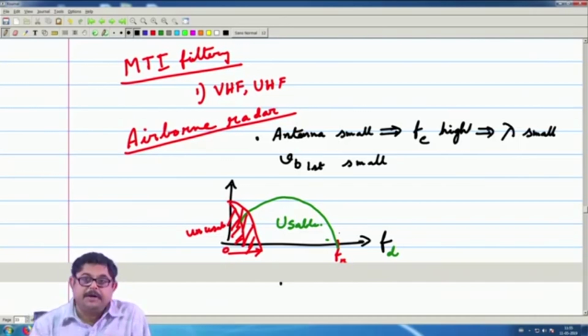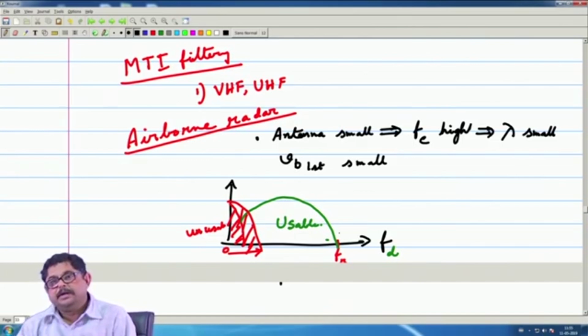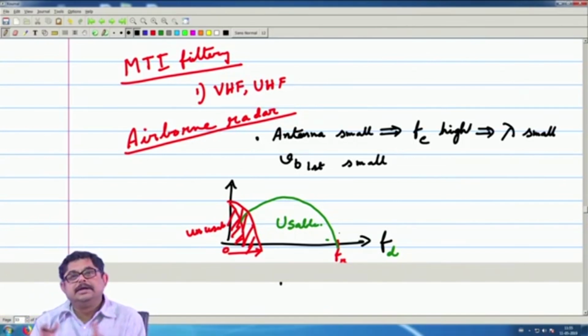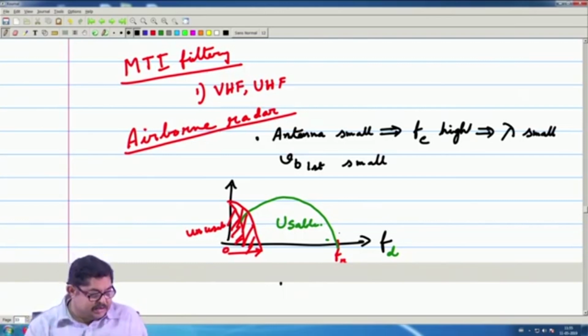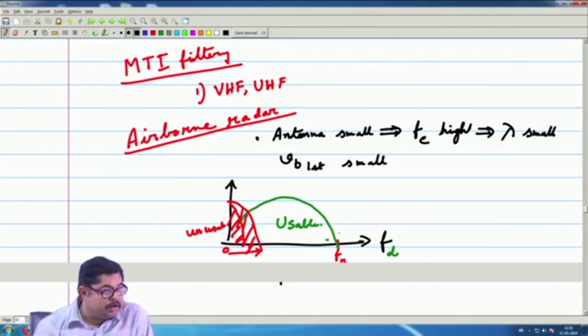Due to pulse radar operation the clutter gets folded over, because of the various repeated pulses, and the clutter from all the pulses gets enhanced. So that degrades the SNR. That is why people have seen that MTI filtering is not the option for AWACS-type airborne radar.